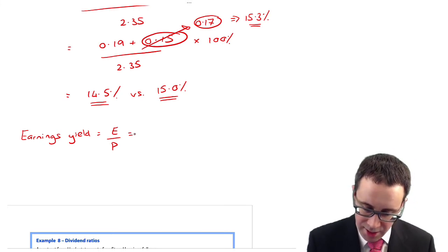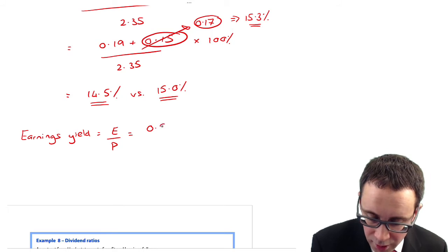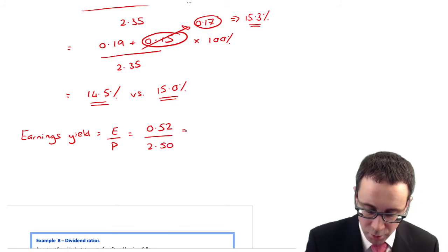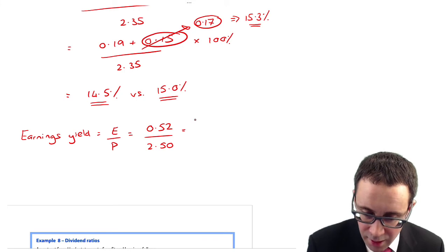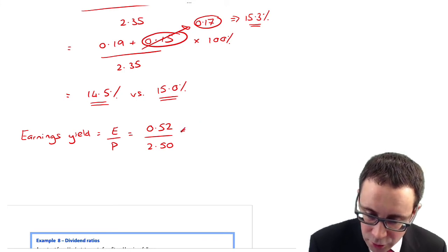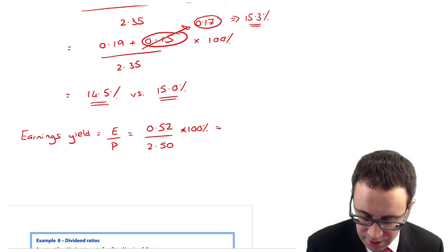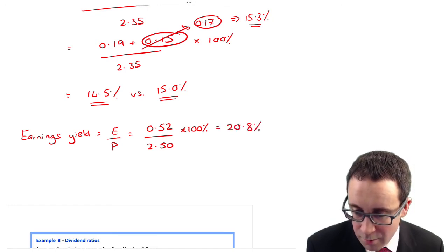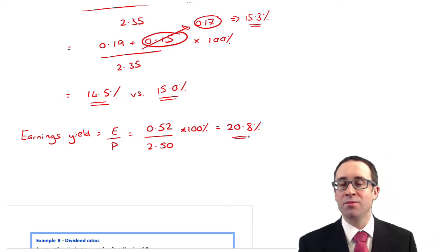Whereby here, for Kenny, you've got 0.52 divided by 2.5. So 0.52 divided by 2.5. Again, if you're being 100% correct, pardon the pun, it's a yield, so it's a percentage. So that there is 20.8%. Okay, Kenny is yielding 20.8%.